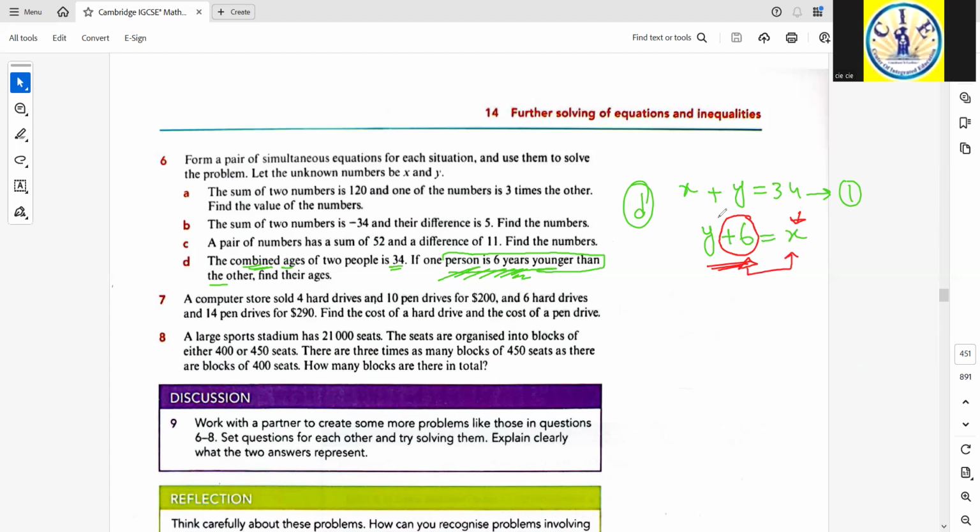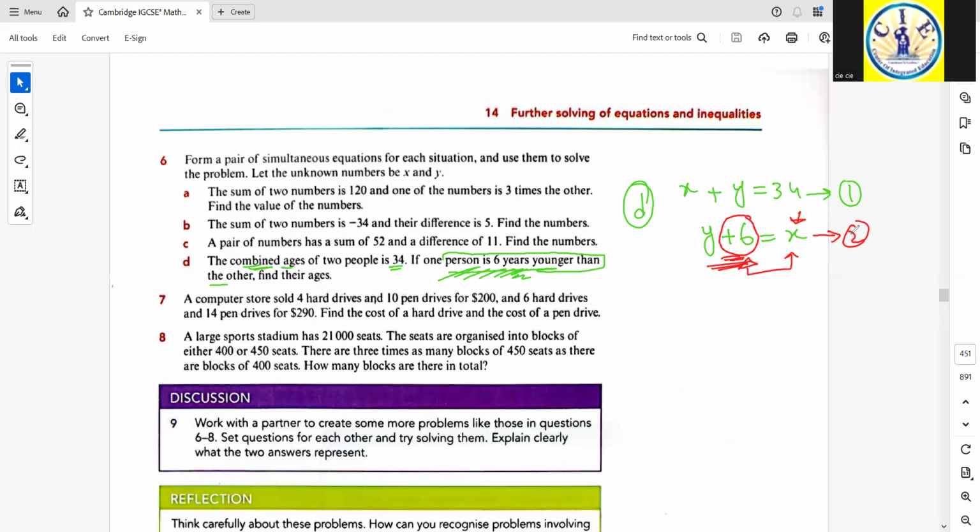Since this was younger, or his age was lesser, that's why we added 6 to that to have an equality between their ages. So the second equation is like this.